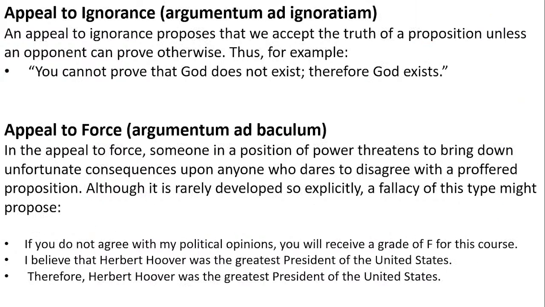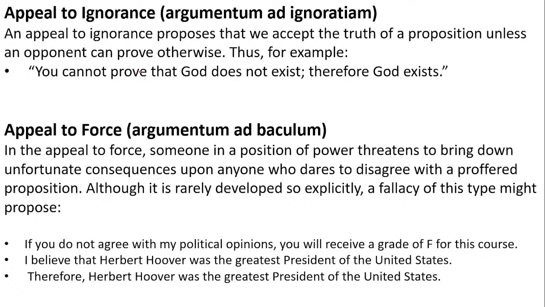Now, appeal to ignorance. Appeal to ignorance is a fallacy in which we accept the truth of a proposition unless an opponent can prove otherwise. So we are saying you cannot prove that God does not exist, therefore God exists. So we are saying that if something is not proved, we cannot say it is true.